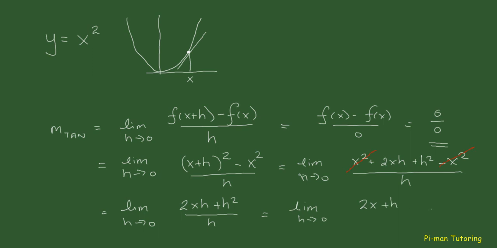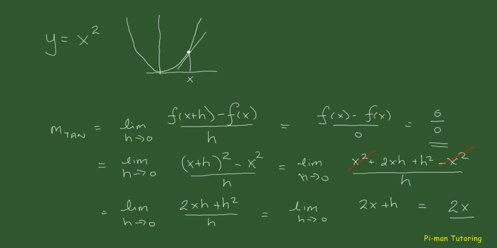And if I let h become 0 now, I get just 2x. So this has given me an expression for the slope of this function up above at any value of x I choose.